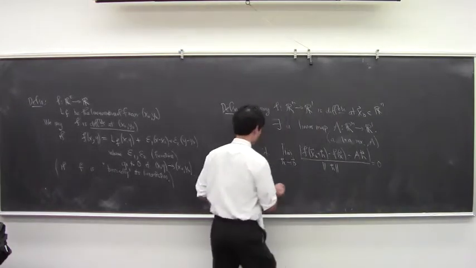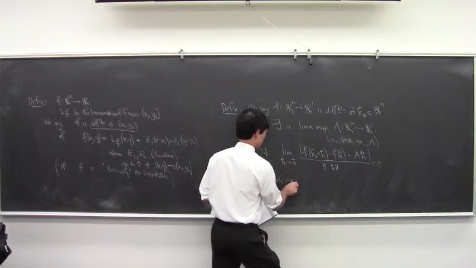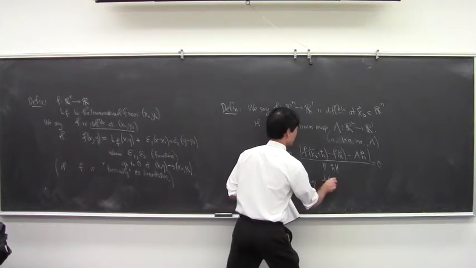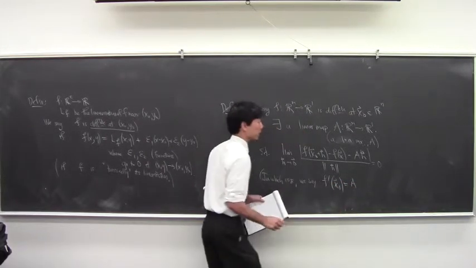In which case, we say the derivative of f at x naught is that matrix A.